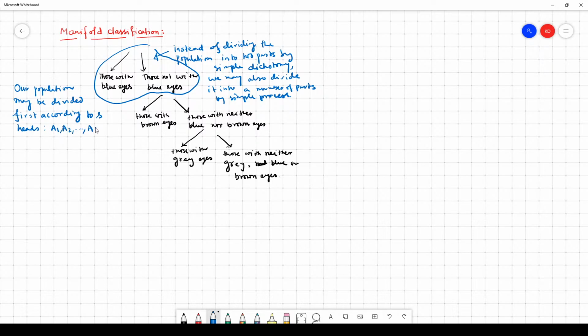In our example, it is two heads, those with the blue eyes, those not with the blue eyes.